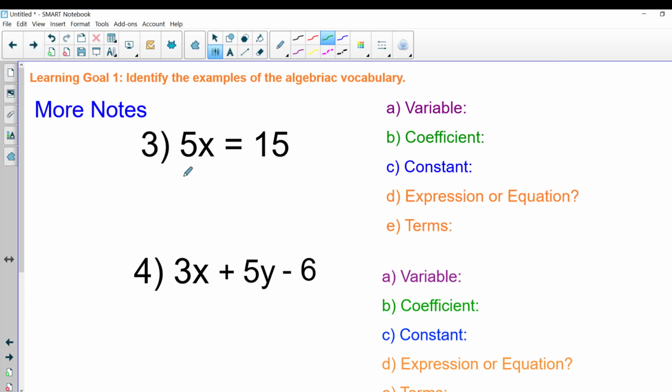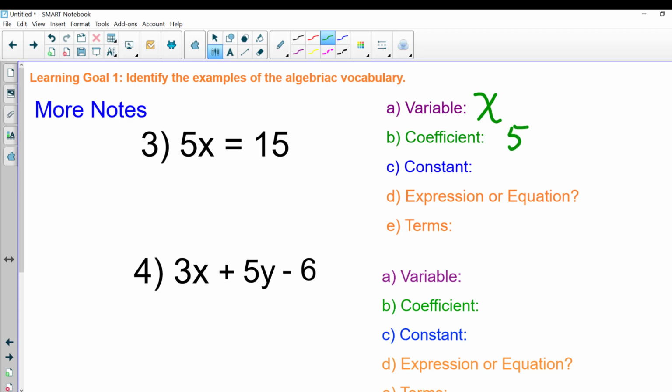All right, so last ones, we're going to do this one together, and then you'll do number 4 on your own. So now we're going in reverse. Which one is the variable? You see it's x, the variable is the letter. Coefficient, what is the number that is attached to or multiplied by the variable? And that is 5.